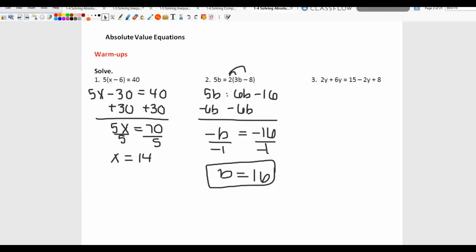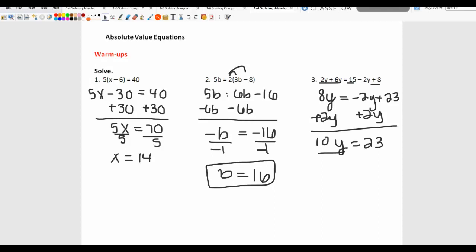In number 3, you want to first combine like terms on the same side. So 2y and 8y are on the same side, so you get 8y. 15 and 8 are on the same side. You ignore that negative 2y. 15 plus 8 is 23. I'm going to add 2y to both sides, and I get 10y equals 23.